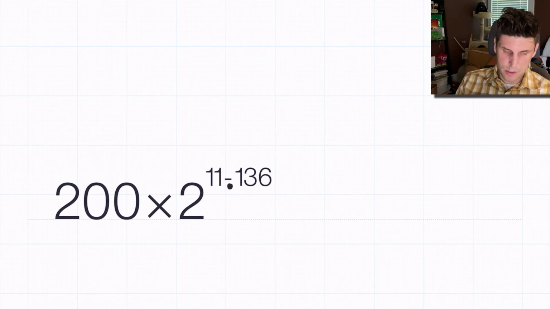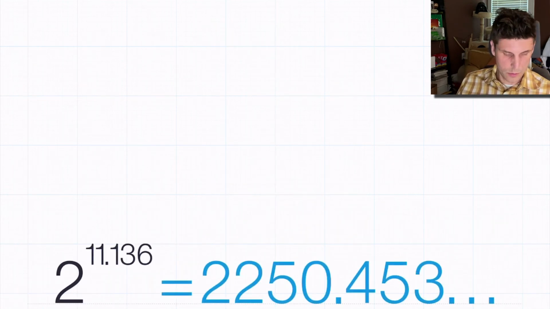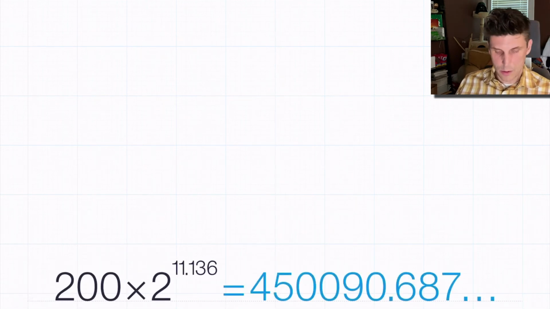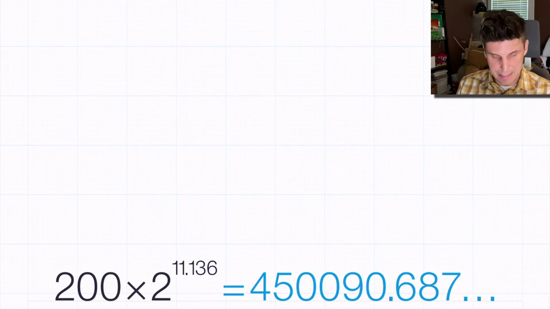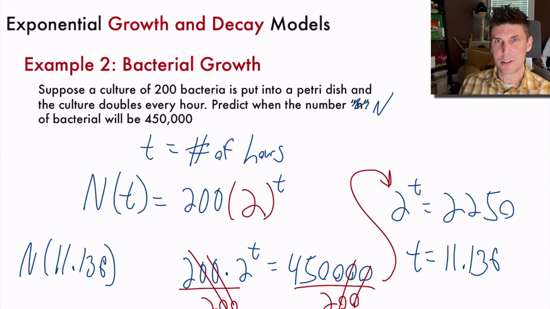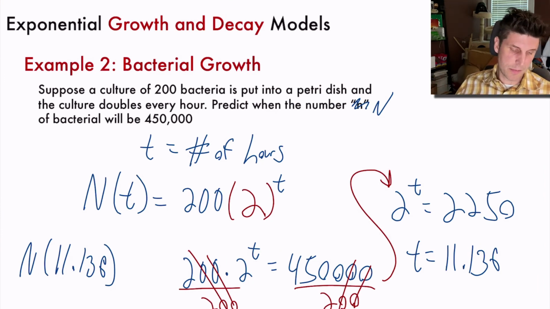Yeah, this is going to be interesting. So that's 450,090. That's a little bit off, but you also have to recognize we rounded to only 3 decimal places, and when numbers are really that big, things can get out of control.